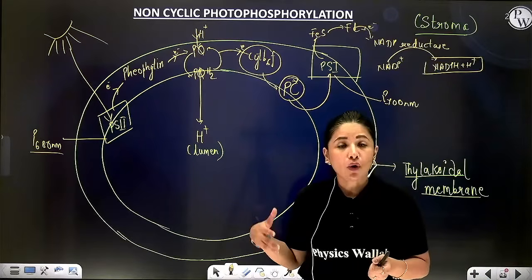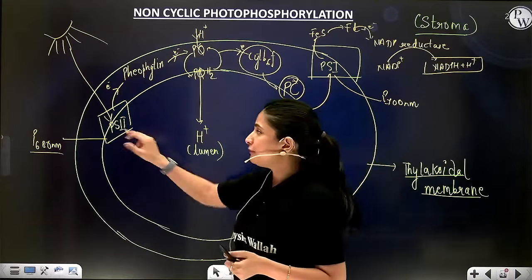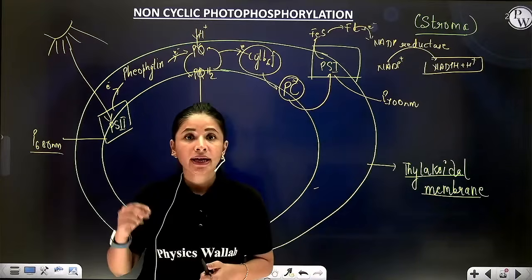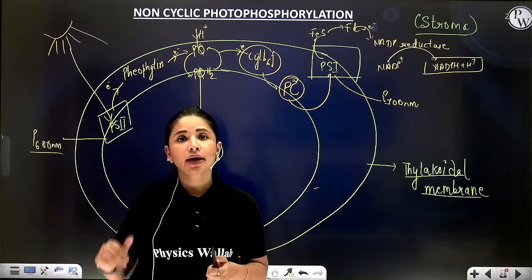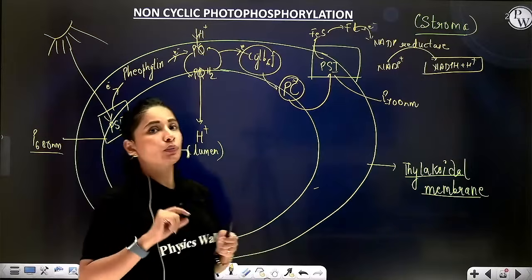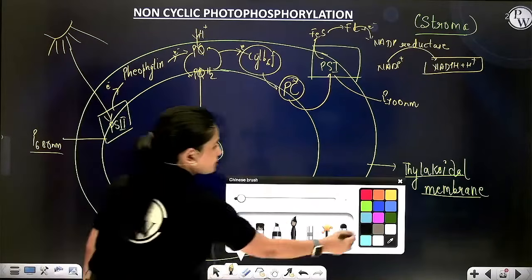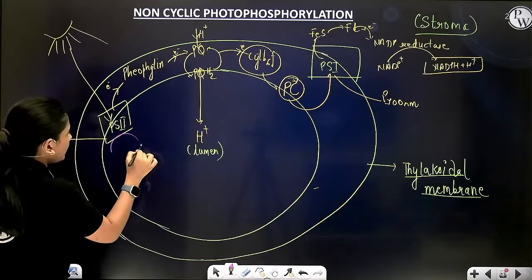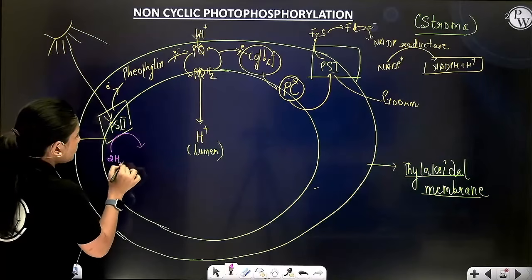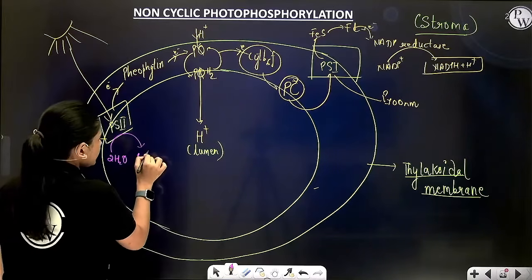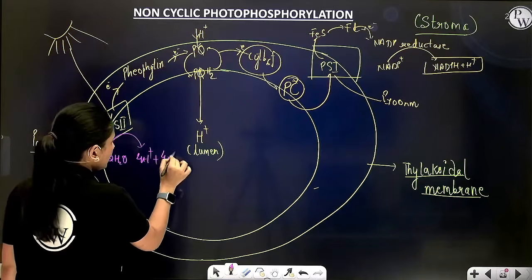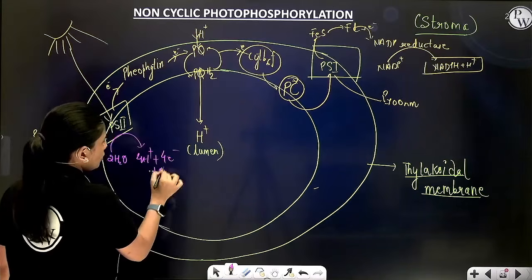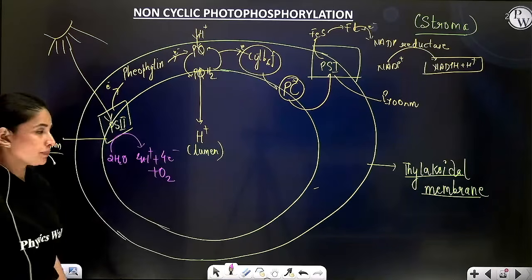So, in order to overcome the deficiency of PS2, in the lumen of thylakoid, water splitting will take place. So now finally here, water splitting will take place to release protons, electrons and oxygen gas.